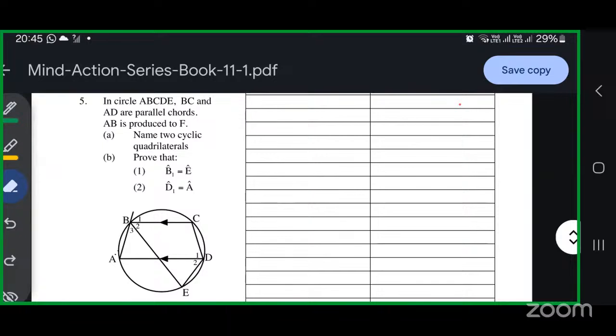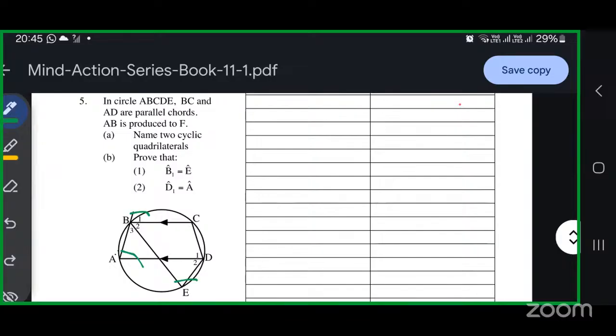D1 and A. Let me note what we have. This is equal to that, and that is equal to that. Okay, what else? Now, D1 and A, how can we do that?